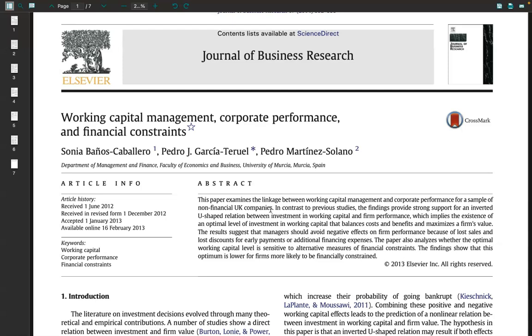In this paper they measured working capital with NTC, and that will be beneficial to understand. Let's read the rest of it.